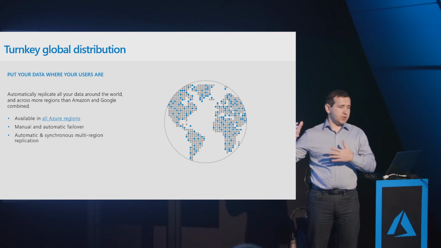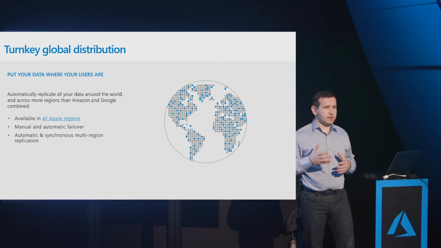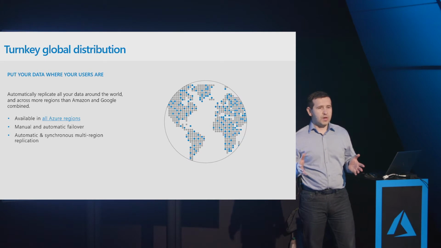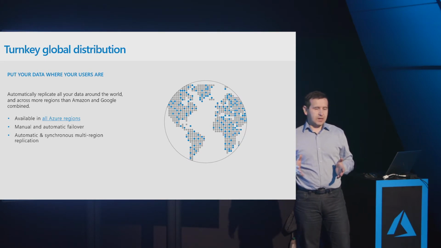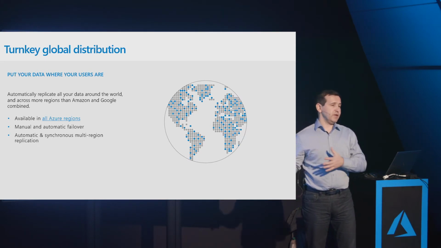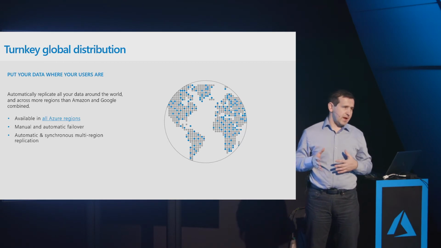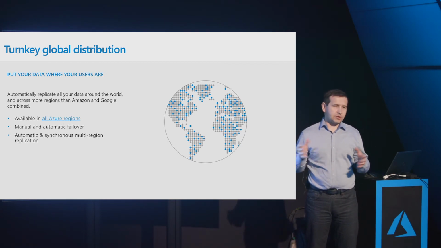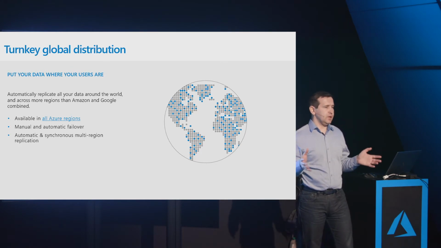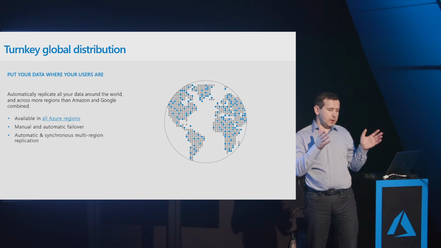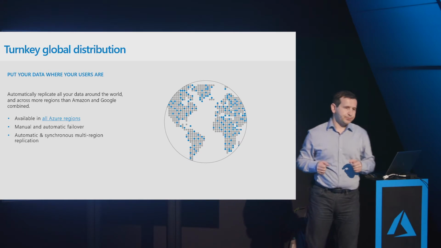Why this is important is because users can be anywhere, and in order for them to get the lowest latency and the highest throughput, you need to deploy the data near wherever your users are, right? And Cosmos DB provides you that capability. Essentially, all of your data can be made globally distributed, or it can be simply hosted in one particular region.